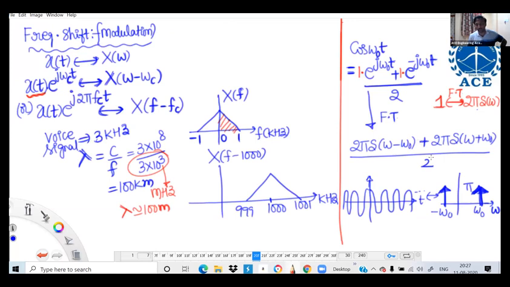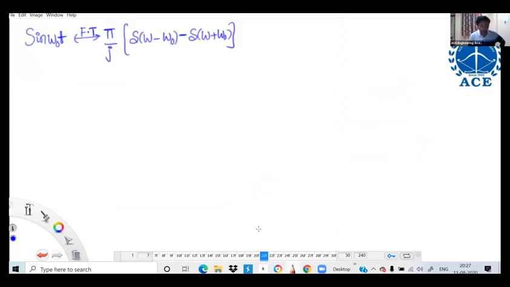So pi by j [delta(omega minus omega naught) minus delta(omega plus omega naught)]. Sine is an odd function. Real and odd function means the spectrum is imaginary and odd. Just listen.